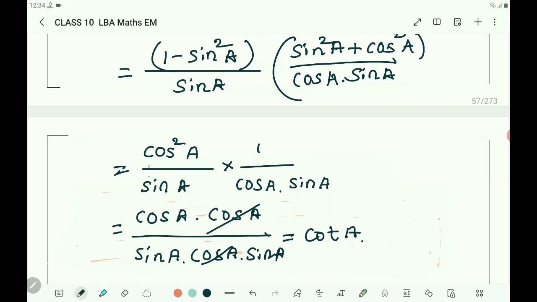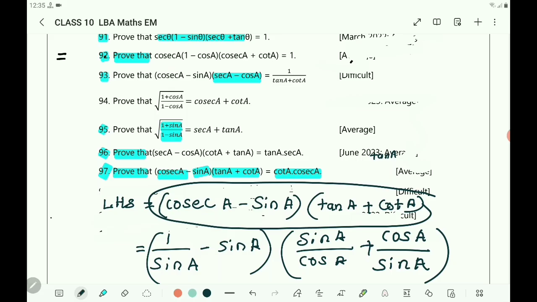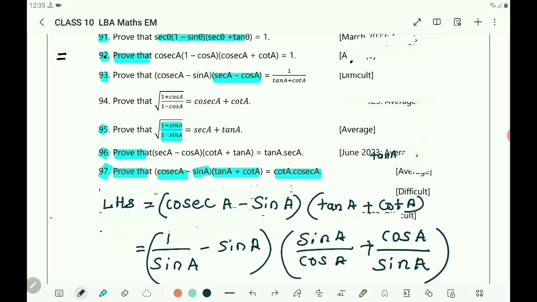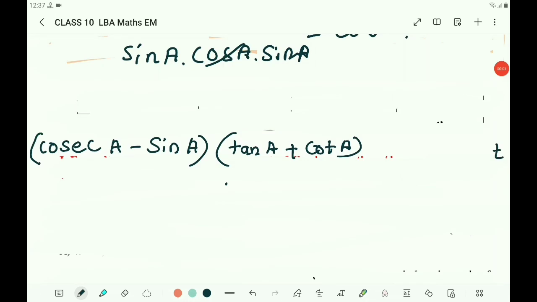So you got cot A into cosec A, which is equals to RHS. So you got that cosec A minus sin A into tan A plus cot A is equals to cot A into cosec A.